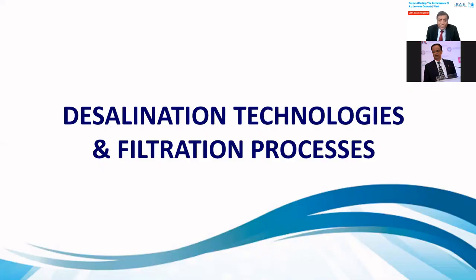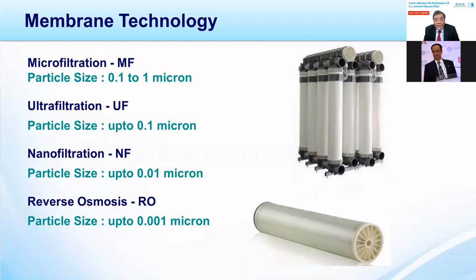Now we come to desalination technologies. In desalination technologies, we first talk about membrane technology, and we normally have membranes of four categories available: microfiltration, ultrafiltration, nanofiltration, and RO membranes. The particle size for all the membranes has been mentioned.